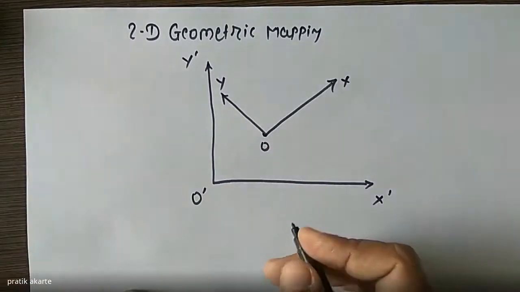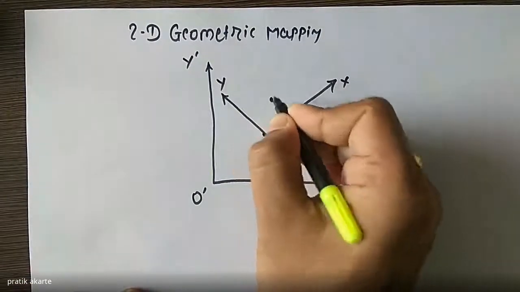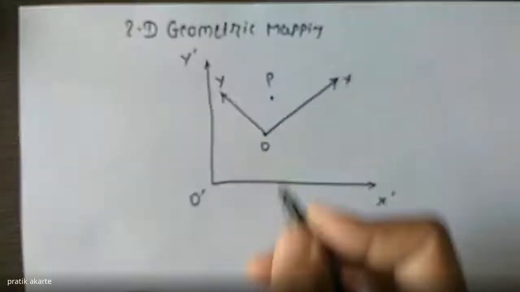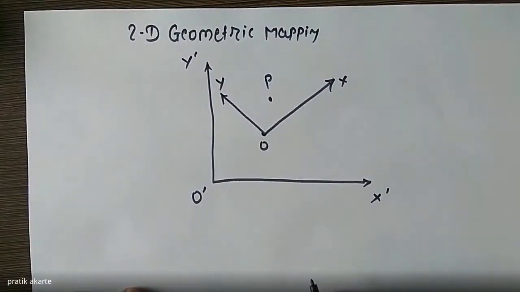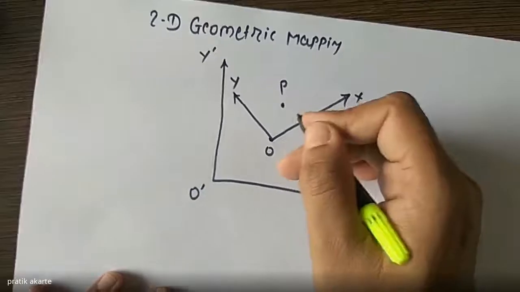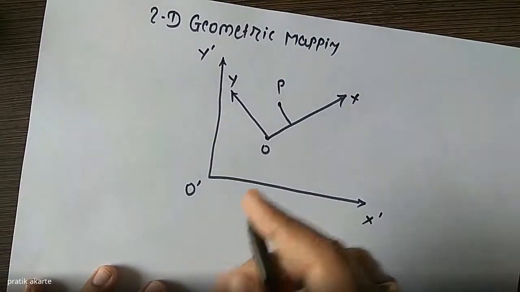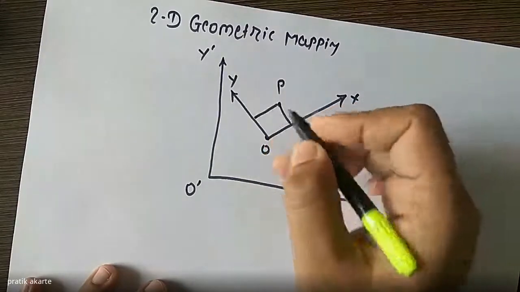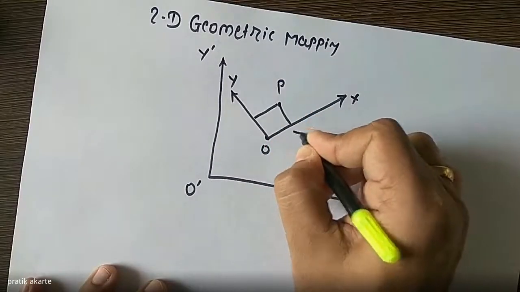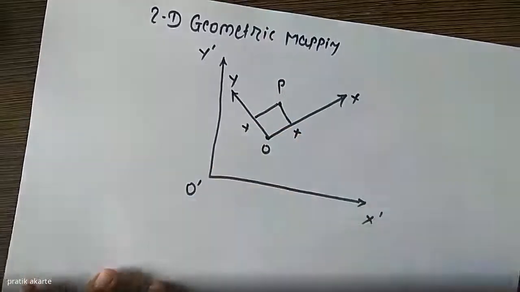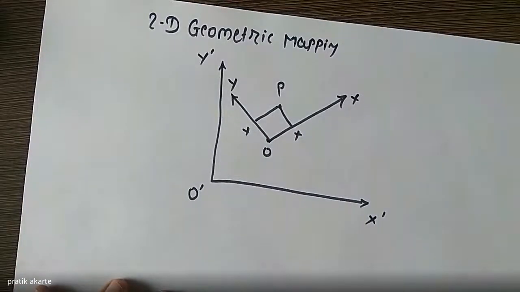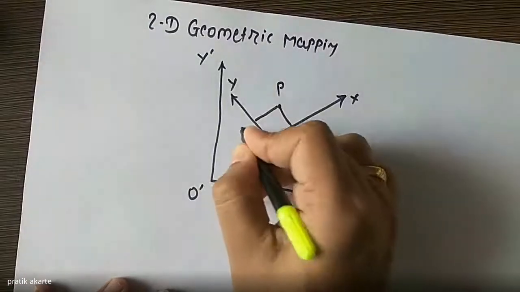Fine. And we have one point named P, which we have drawn with respect to your working coordinate system. So the coordinates are small x and small y, let us say.